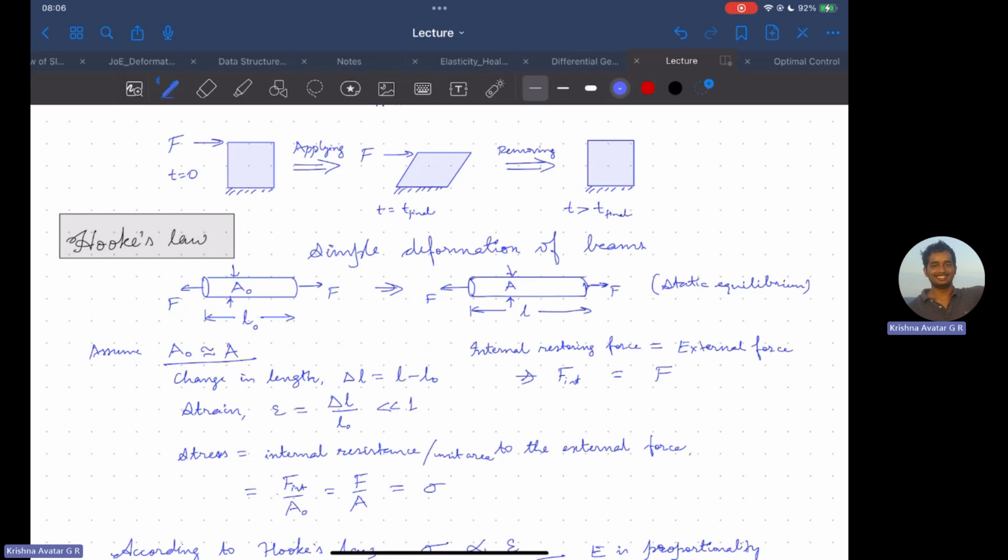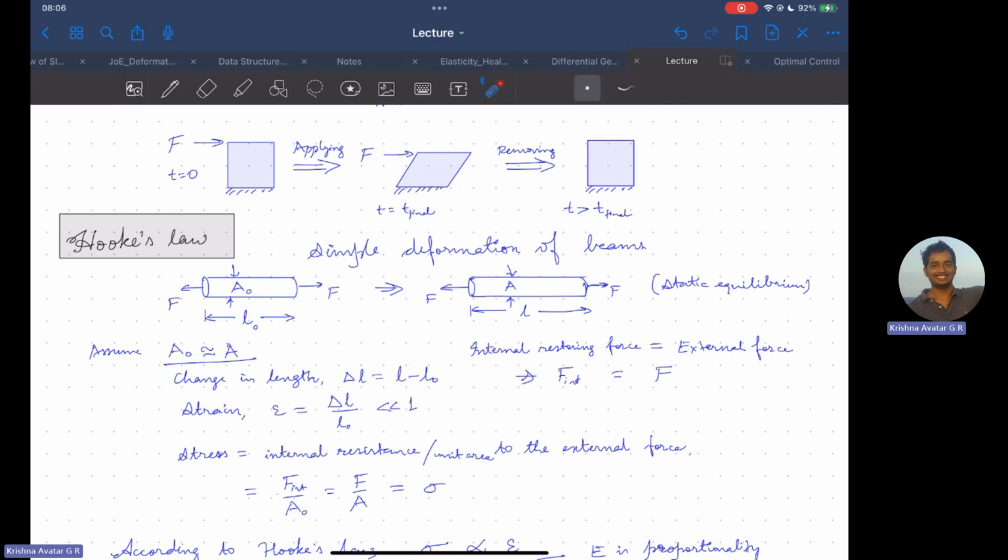We first started with a very simple scenario, which was essentially simple deformation of beams. I had mentioned the difference between beams and bars. Beams are elastic structures which can take transverse loads as well. However, bars can only take the loads along their longitudinal axis, right?